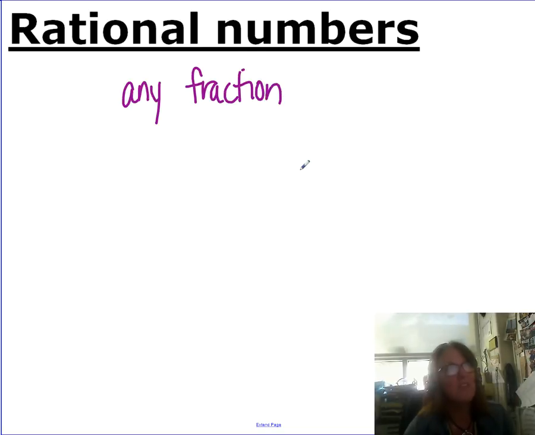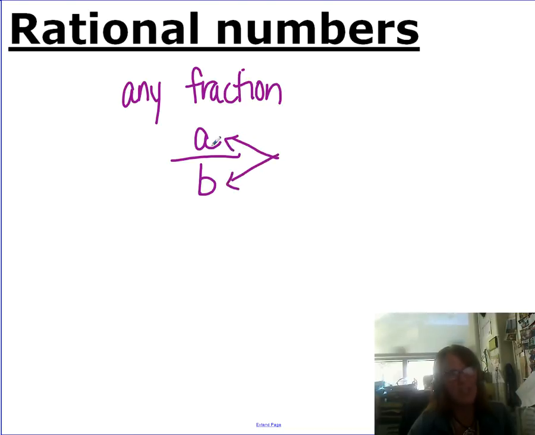And the key here is that the fraction itself, when we make the fraction, and I'm going to put just like variables A and B on there. So as long as you can write it this way, with some number over another number, where these two guys are integers. So you wouldn't put like a decimal number in the top of your fraction. We're not talking about putting fractions in fractions. I just want a simple fraction. These two guys are integers.